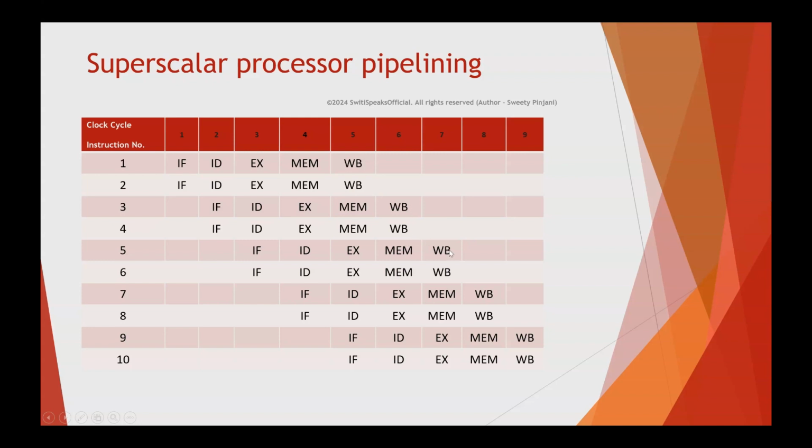In the seventh cycle, instructions 5 and 6 complete. In the eighth cycle, instructions 7 and 8 complete. In the ninth cycle, instructions 9 and 10 complete. So at a time, two instructions are completing in the same clock cycle. That's why the superscalar processor has more throughput.